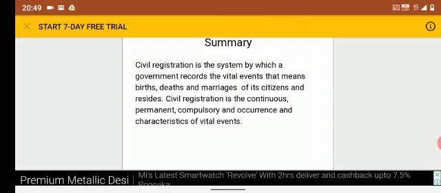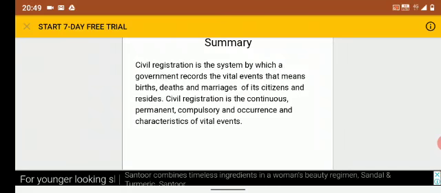When compared to other tool methods, civil registration gives accuracy, as well as confidentiality, legacy, and legal protection. Thank you, one and all.